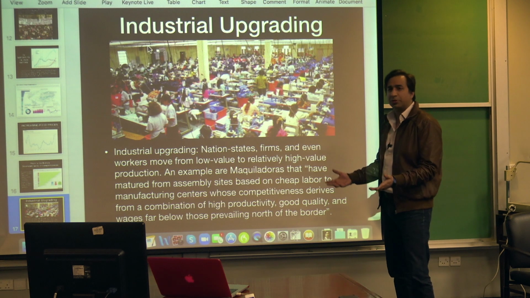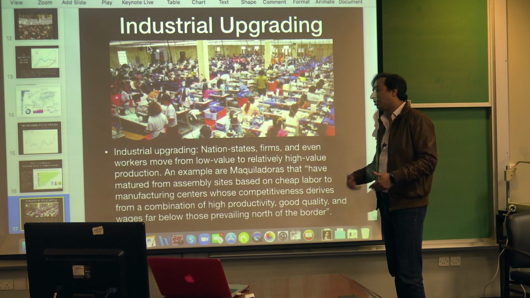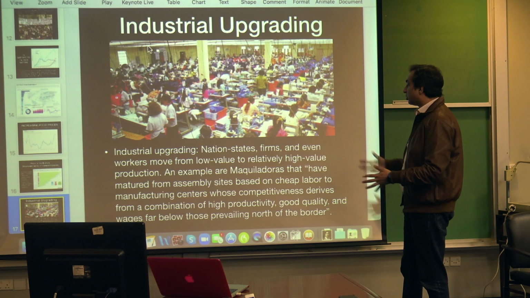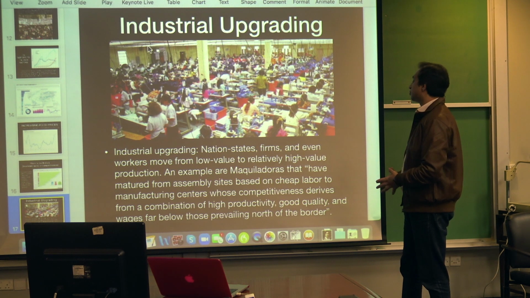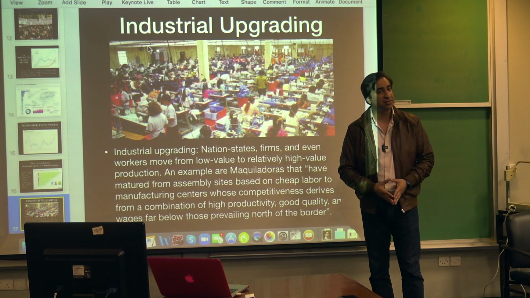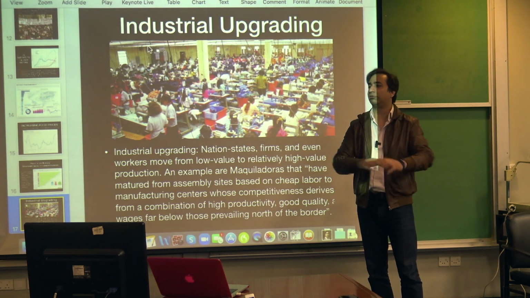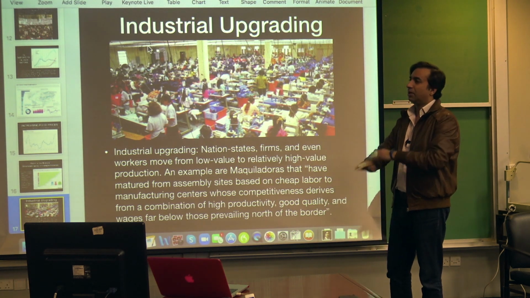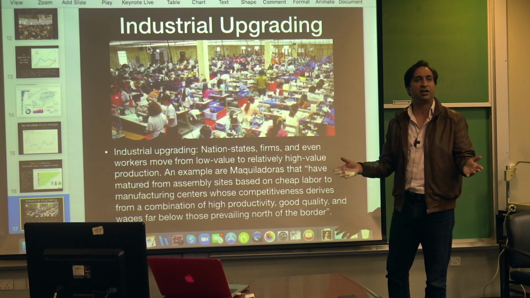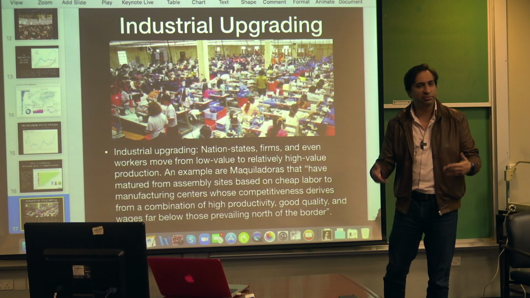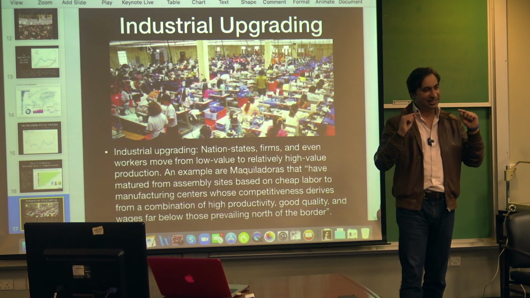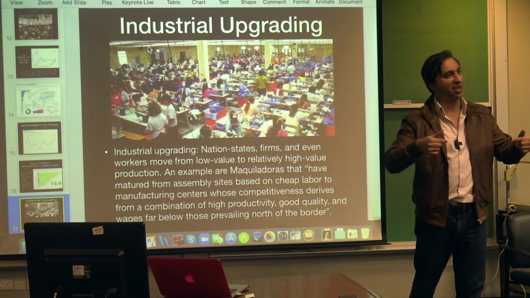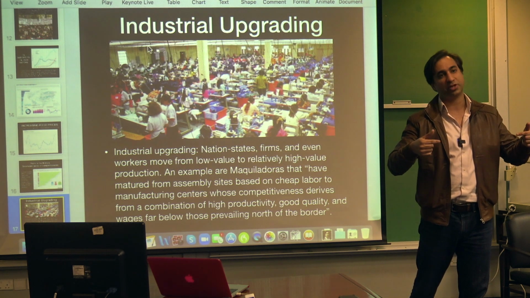Industrial upgrading is the process through which your industry becomes more technologically up to date. Maquiladoras is often given as an example. They began as assembly sites based on cheap labor, and now they are manufacturing centers, etc. You can say Pakistan also started with producing completely unfinished cotton, just selling unfinished cotton, and now we're able to semi-process it, make it into garments, etc. But please remember that this is a very small change in terms of the technological base of these societies.